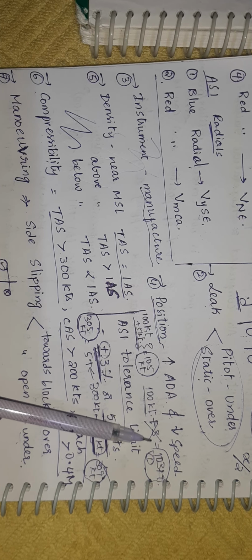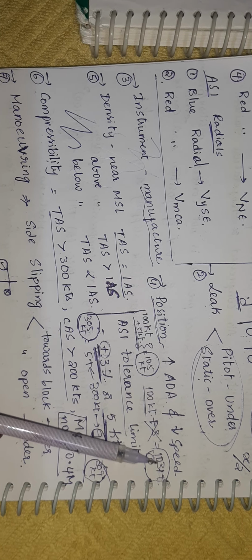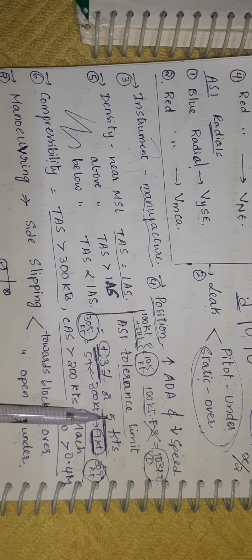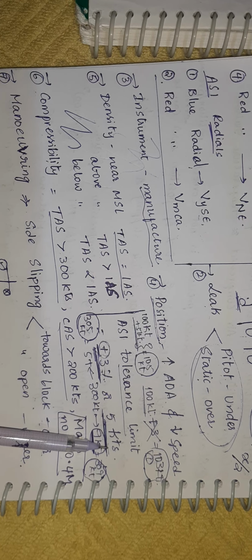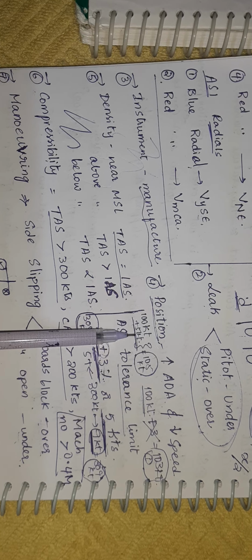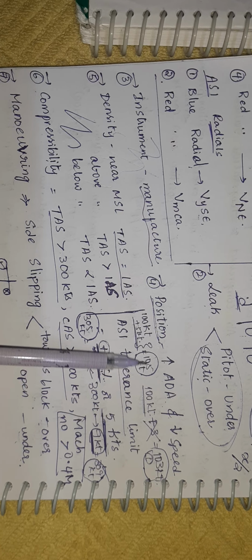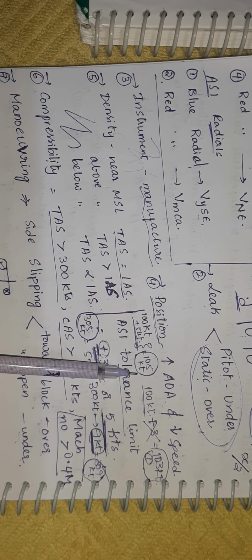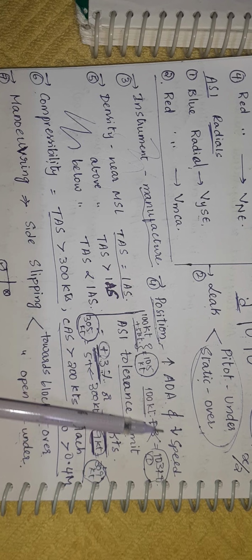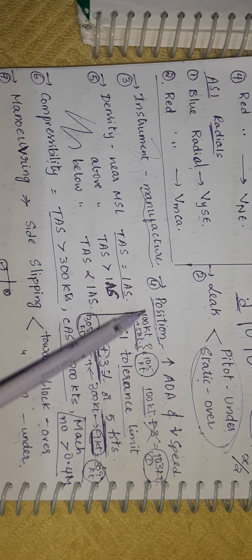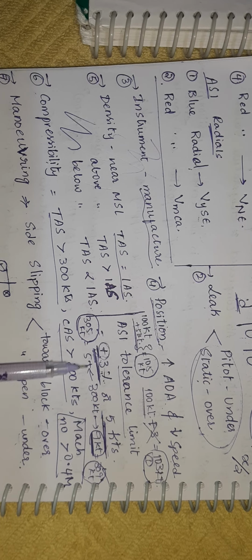For 100, 3% is nothing but 100 plus 3, 103. And also let us add 5 knots. For 100 adding 5 knots, we'll have 105 knots. So which among these is greater? 105 knots is greater, so we'll consider 105.